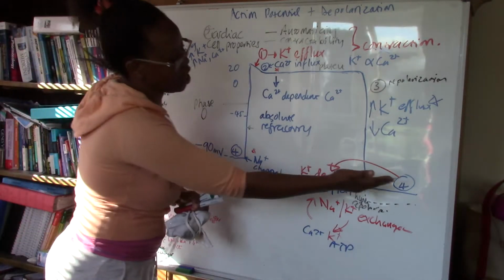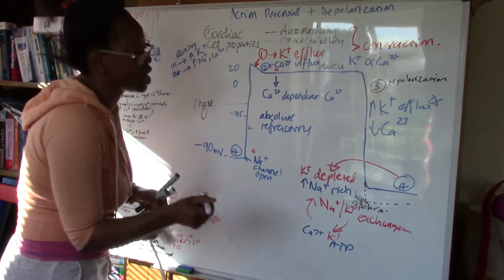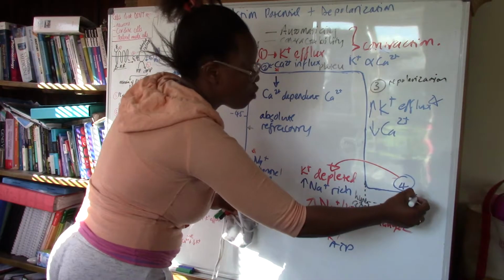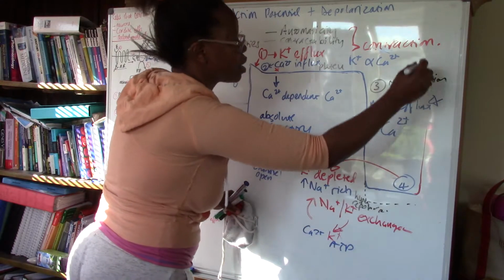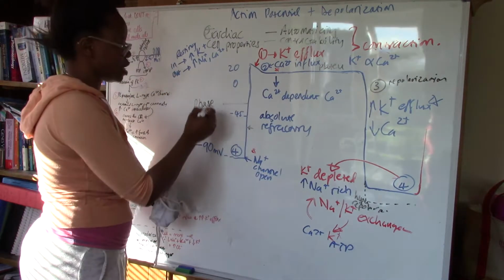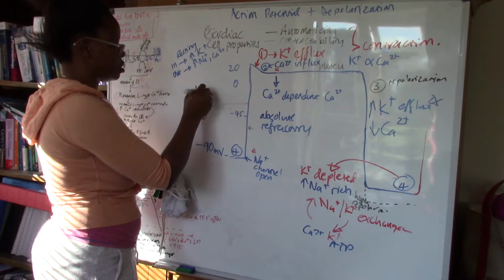And then in phase 4, the cell is ready again: if another action potential comes in, the cell will depolarize as it happens. So this is depolarization.